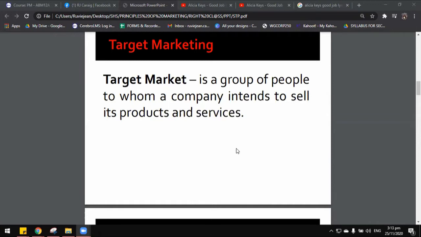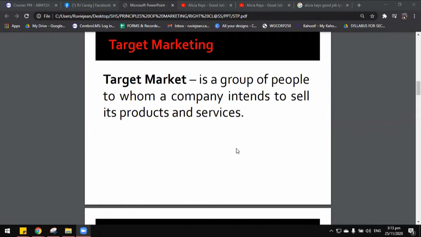Sila yung ginagawa natin ng mga promotion, ng mga sale, yan, yung ating target market. Okay? Now, kapag na-identify na natin yung ating target market, maximize natin yung mga marketing resources natin so that we will be able to attract, and not only attract but also retain yung ating loyal group of customers.